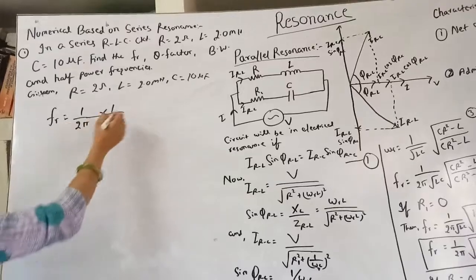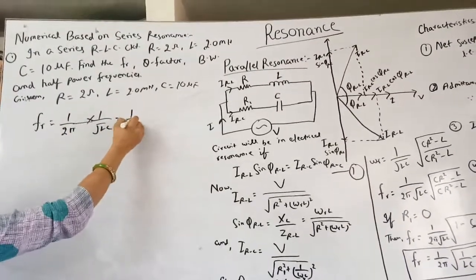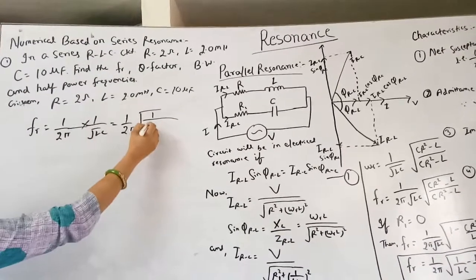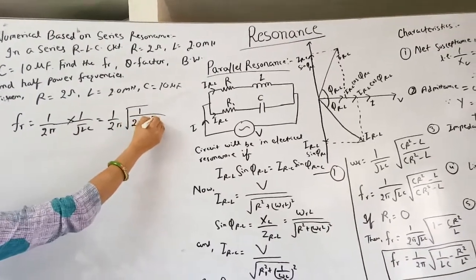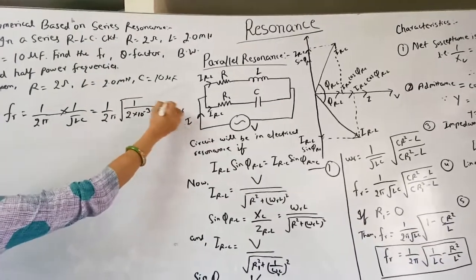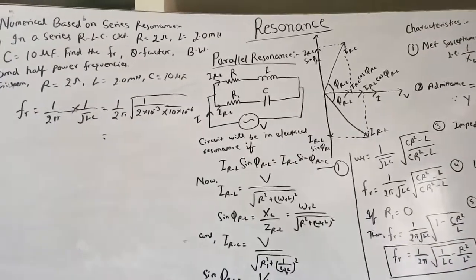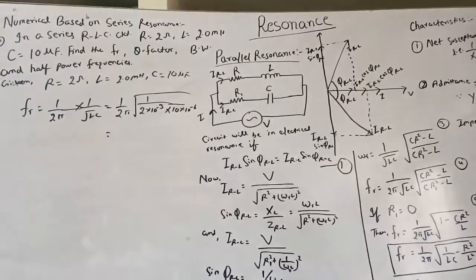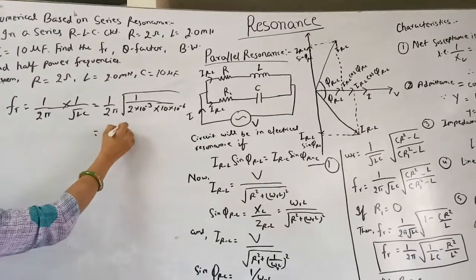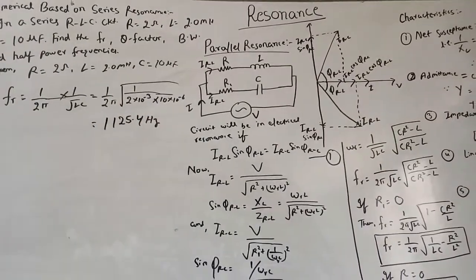Put the value of L and C, that is 1 upon 2 pi root under 2 into 10 to the power minus 3 into 10 into 10 to the power minus 6 hertz. When you calculate this value, it is coming 1125.4 hertz.